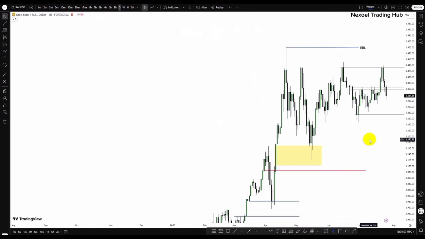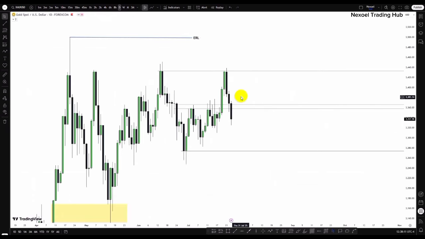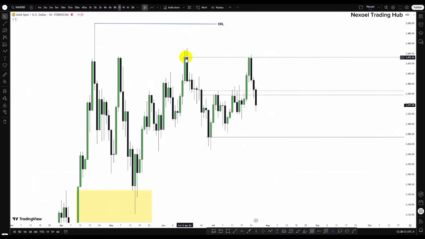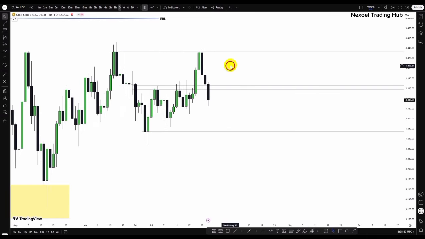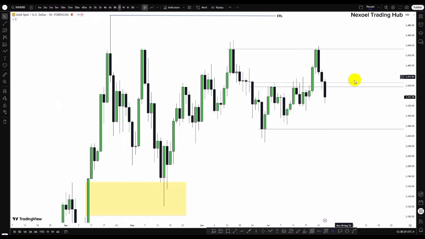So here in the daily time frame, we can see how price traded into this key level. This took out this buy side liquidity, which is the external range buy side liquidity. So we can see how price gave us bullish movements to this level. Volume failed to close above this key level, and now we have rejection to the downside.